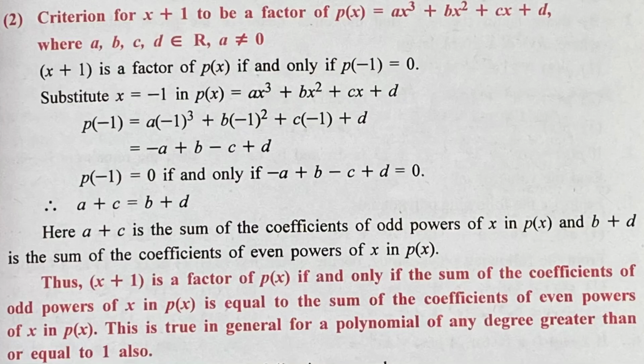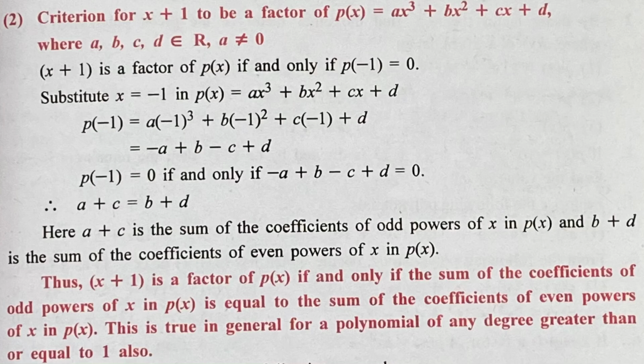Suppose that x minus 1 is not a factor of the given cubic polynomial, then we can check whether x plus 1 is a factor of the given cubic polynomial or not. So if x plus 1 is a factor, then p of minus 1 should be equal to 0.